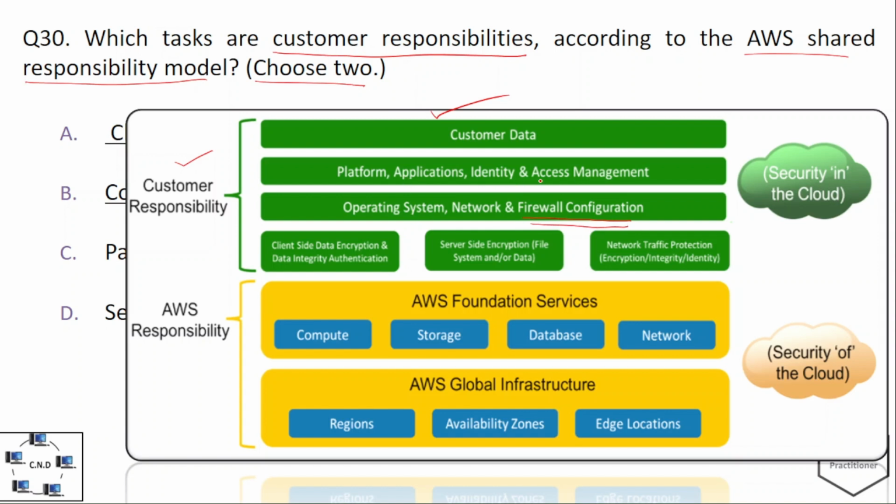Similarly, identity and access management, data encryption on the client side, authentication, server-side encryption, and network traffic protection such as VPN, etc. While the AWS foundation services such as compute, storage, database, network, their protection, configuration, installation, as well as the availability and maintenance of the Amazon global infrastructure, which includes regions, availability zones, edge locations, and data centers, fall under the AWS responsibility.